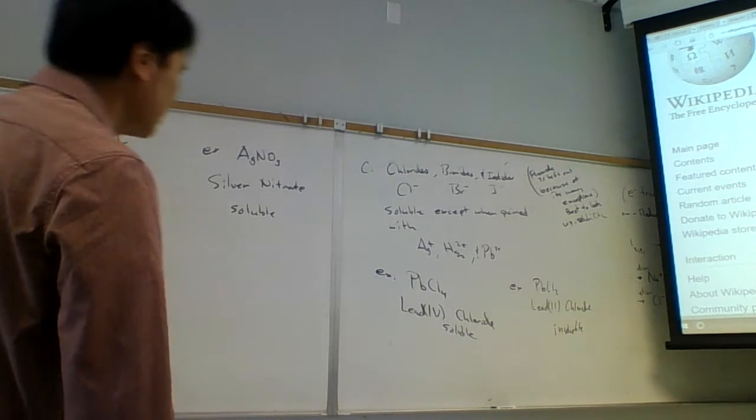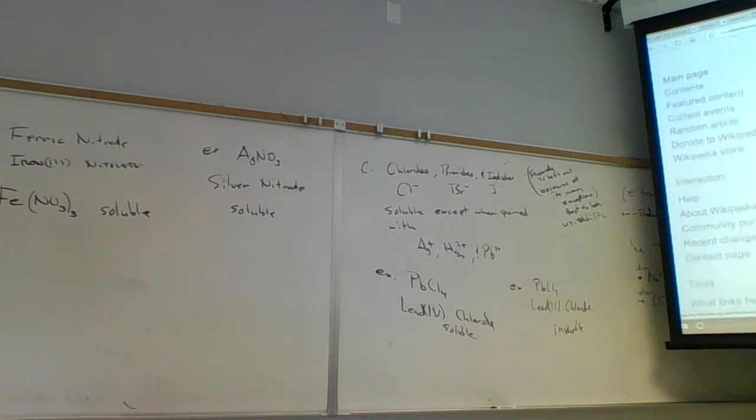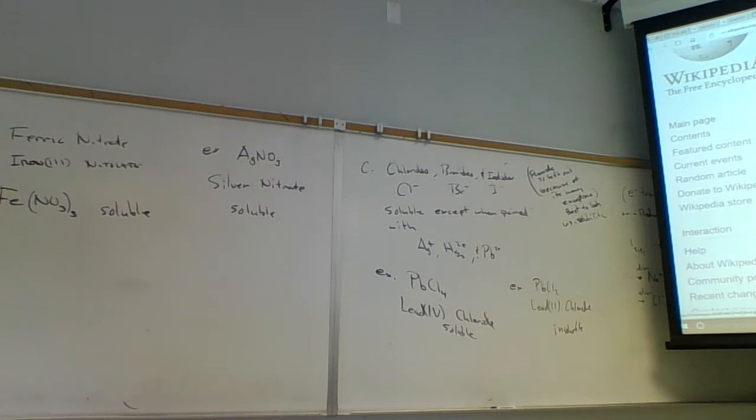Let's take a look at silver chloride. What's the formula for silver chloride? It's a nice white solid. Nickel 2 salts are green like this. Really nice. What's the formula for silver chloride?